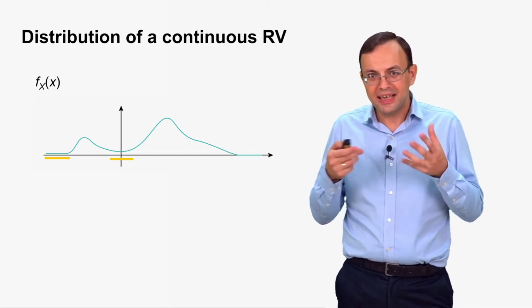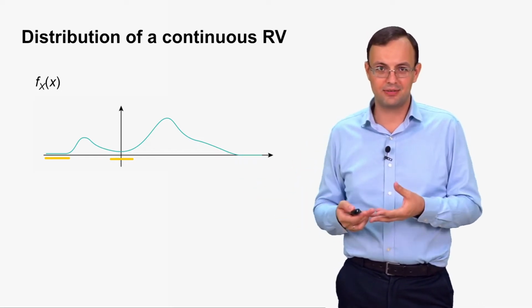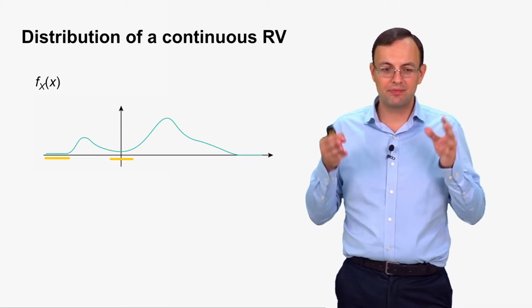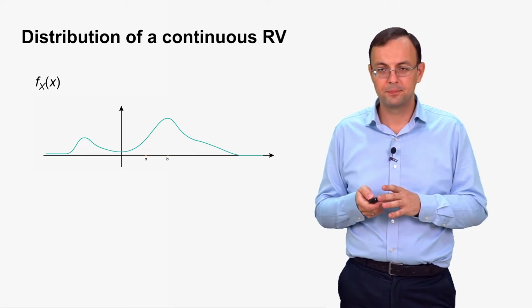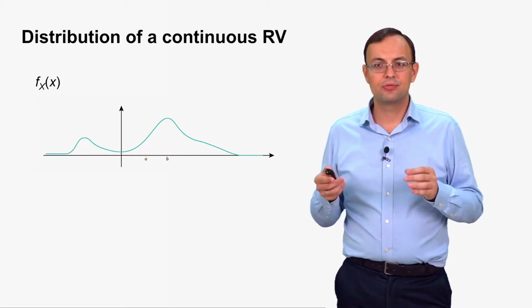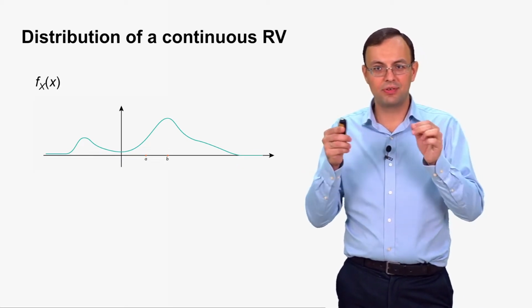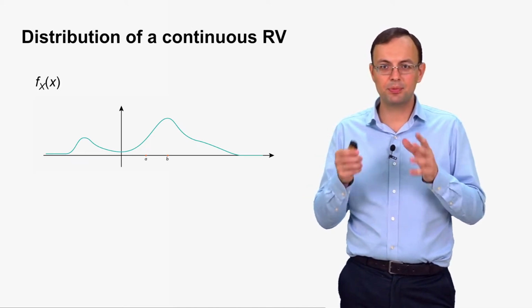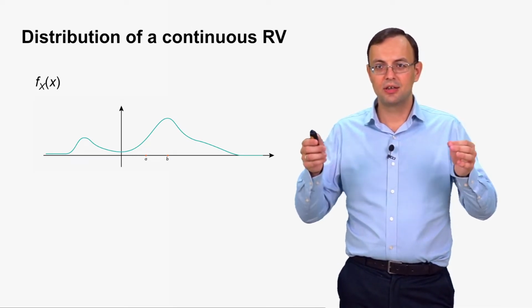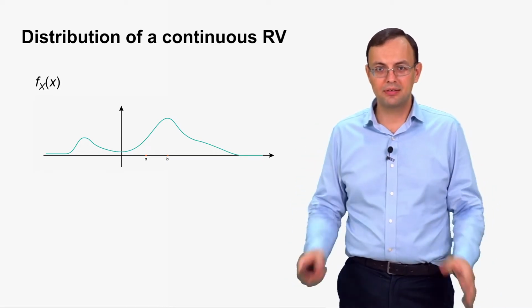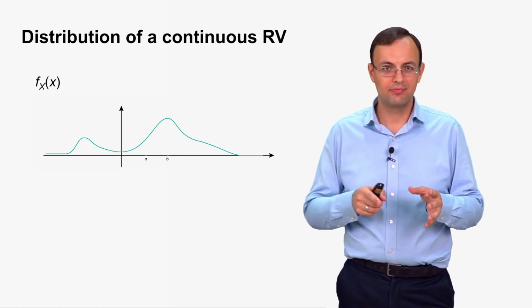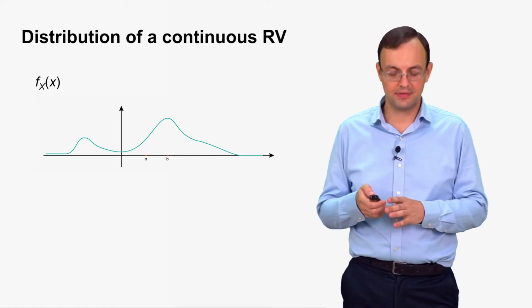How can we find the probability that a random variable of our interest will take a value in a certain range, for example? So I have some interval of interest from A to B, and I'm interested in the probability that the random variable X will take a value that belongs to this interval.